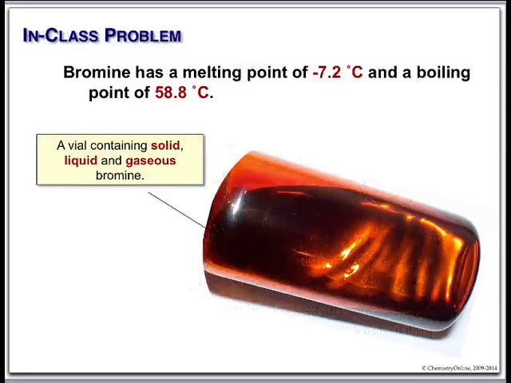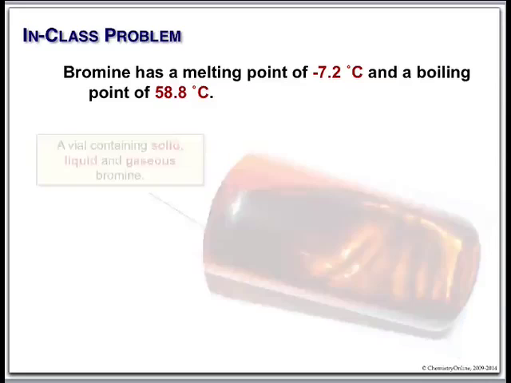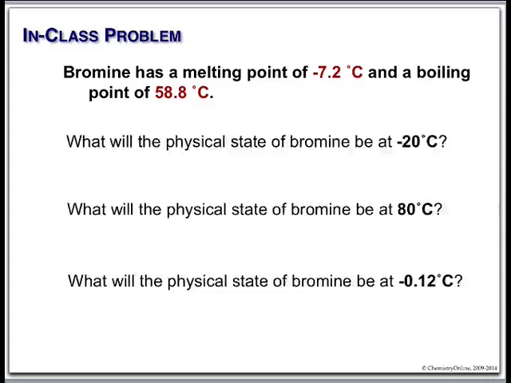All right, if I ask you, we're at -20 degrees, what is the physical state of bromine? If we were above the melting point here, let's say we were at 0, it would have melted, right?